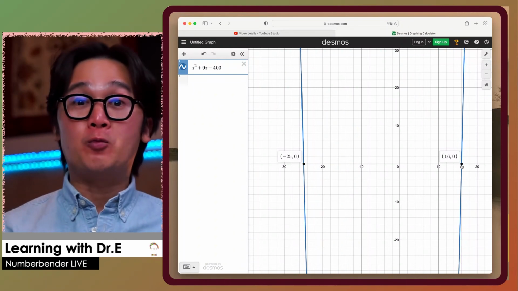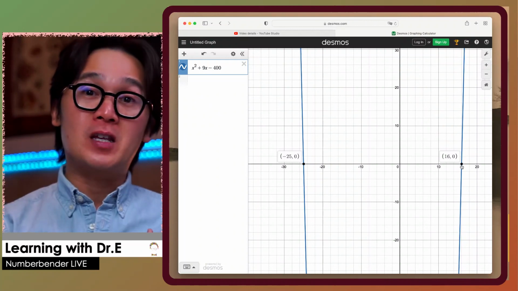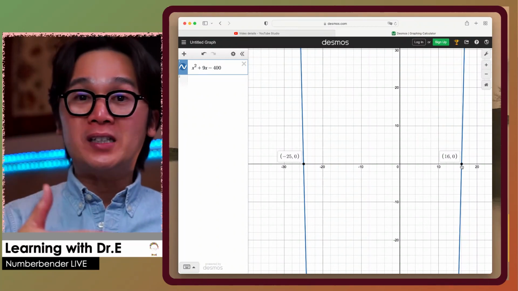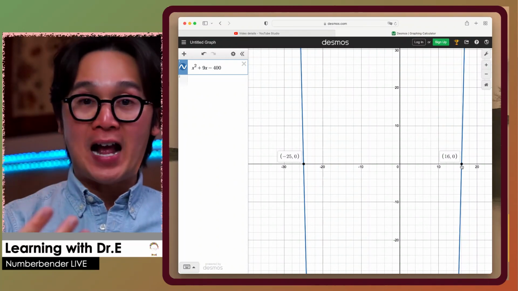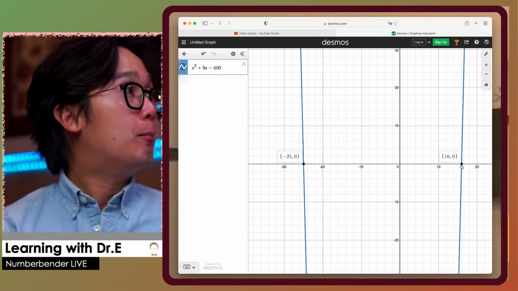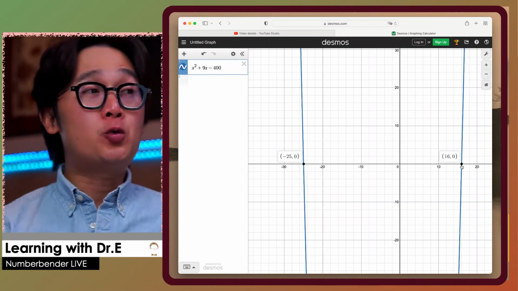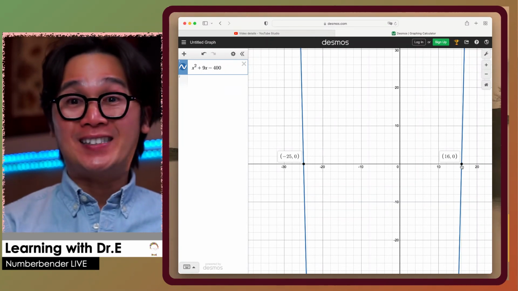And we know that when we are talking about solutions in relation to the factors of the quadratic equation, it's always the opposite values of our x. So the factors of x squared plus 9x minus 400 are simply positive 25 and negative 16.